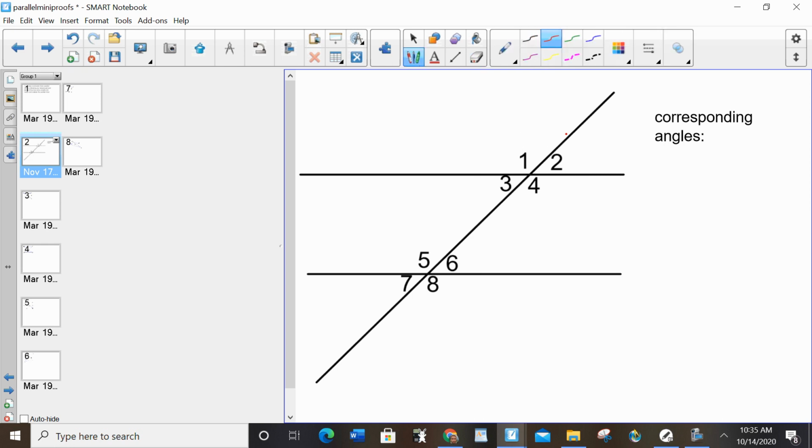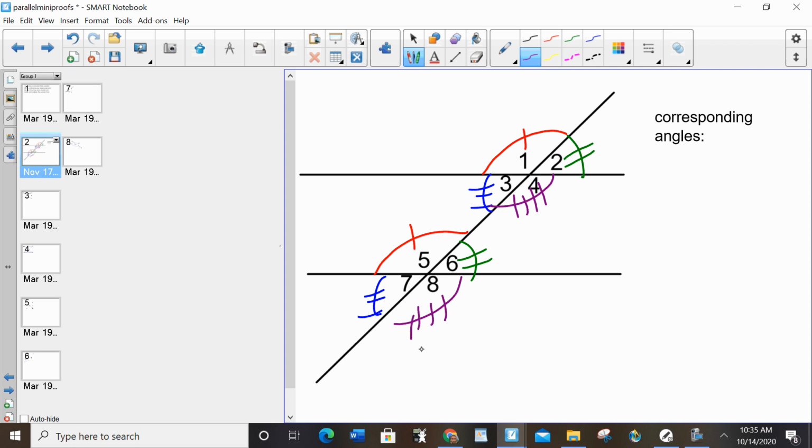Angle 1 and angle 5 are both top left, so those are corresponding angles, those are congruent. Angle 2 and angle 6 are both top right, those are corresponding, those are congruent. 3 and 7 are both bottom left, they're congruent, they're corresponding, and 4 and 8 are both bottom right, those are congruent, those are corresponding.